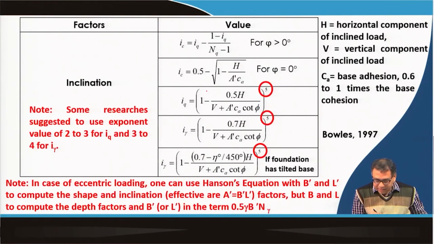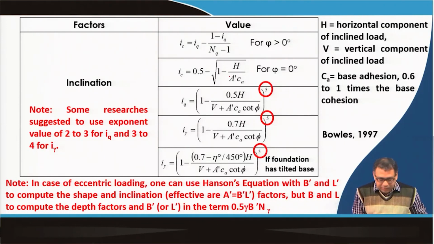ICL means you have to consider whether your horizontal load is HL or HB. If it is HL, then you consider HL when calculating ICL. If this is ICB, then you consider HB. If HB is equal to 0, then the ICB will be just 0.5.